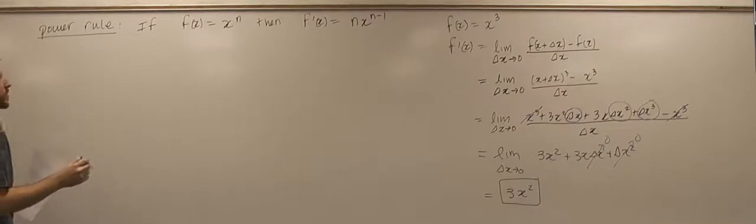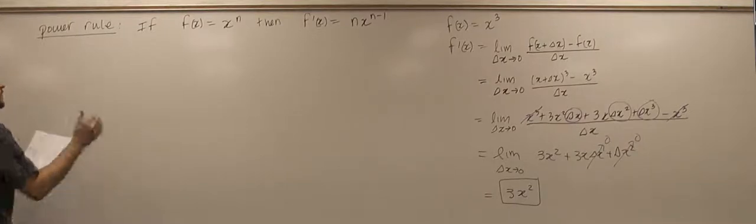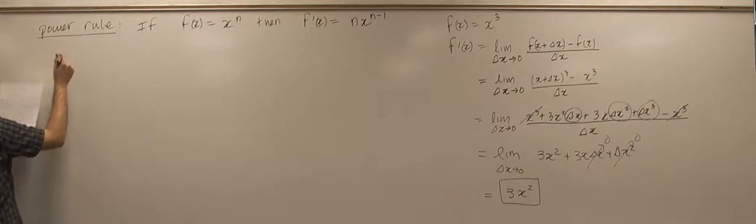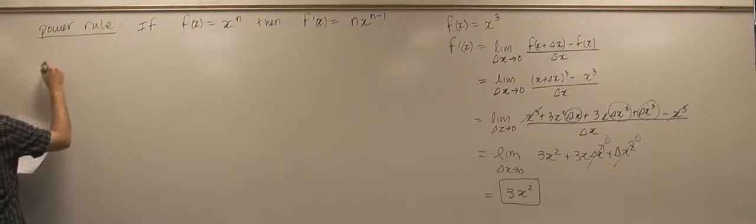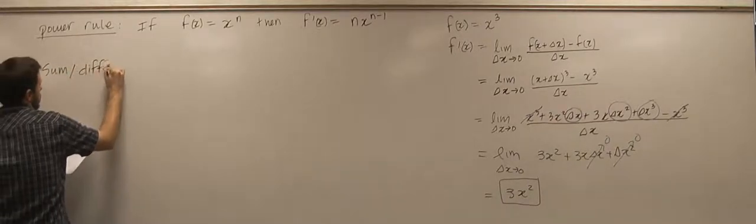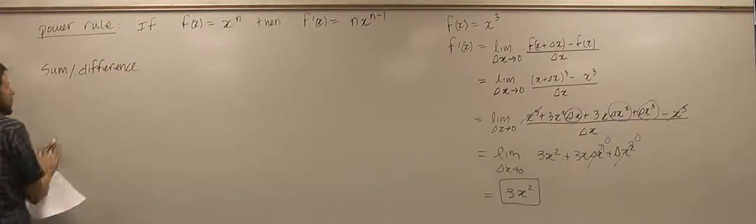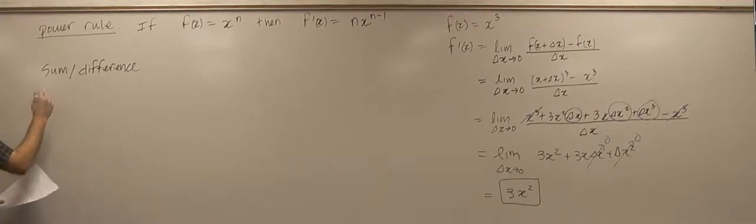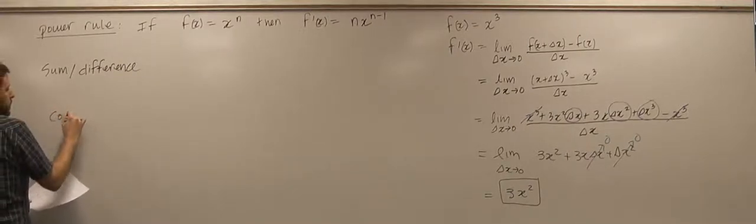Let me give you 2 more rules and then we'll use them all in some examples. So these are the sum and difference, and then also the constant multiple.